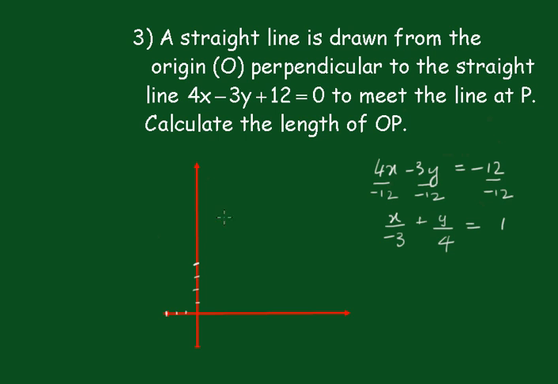So there goes our line, and through here like this. Okay, so there's our line. Now you can see the straight line is drawn from the origin O, perpendicular to this line, like such. To meet the line at P, we have to find the length of OP.